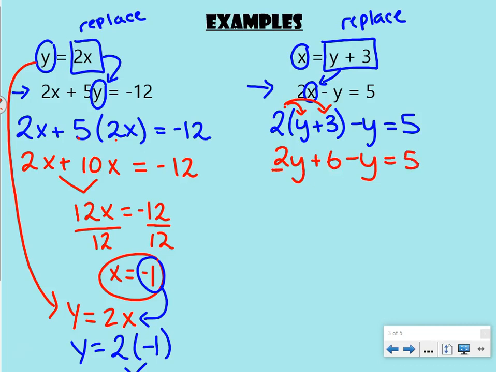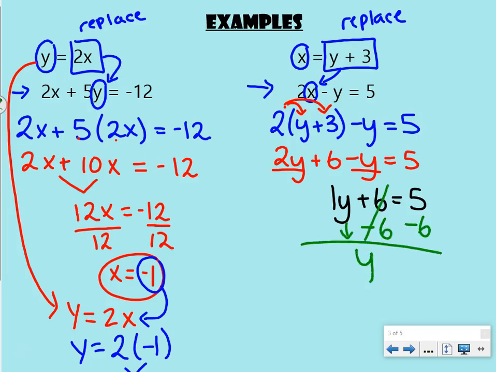Combine your like terms, 2y and minus y. Well, 2y minus 1y is 1y, plus 6 equals 5. Get that y all by itself by subtracting 6 on both sides. y equals 5 minus 6, which is negative 1.